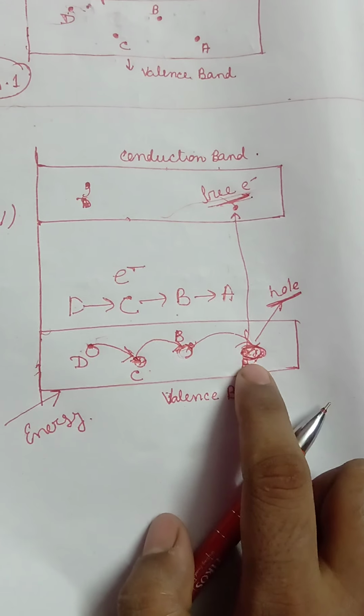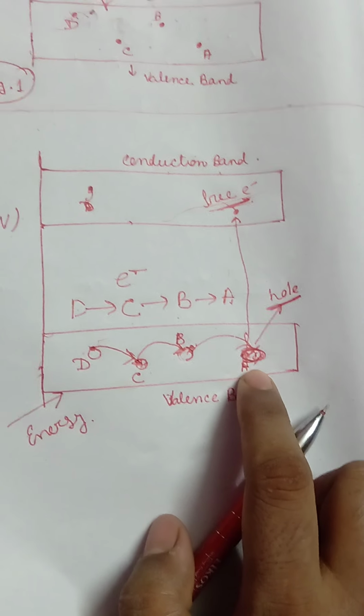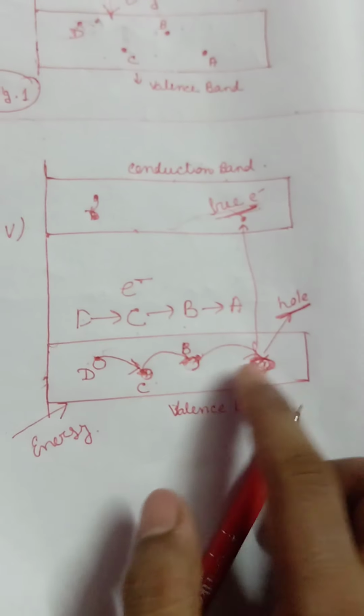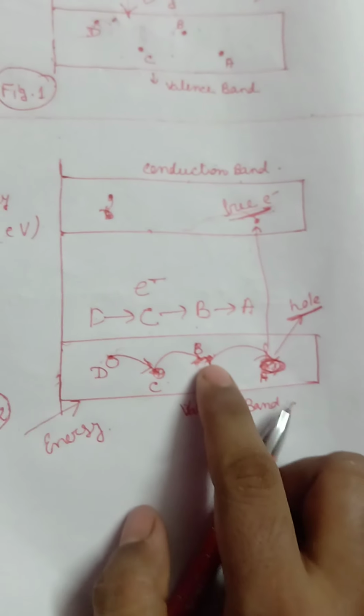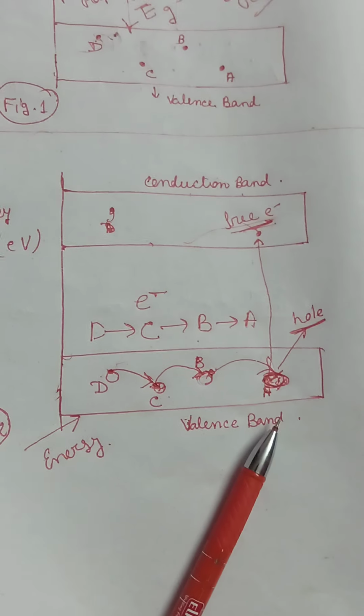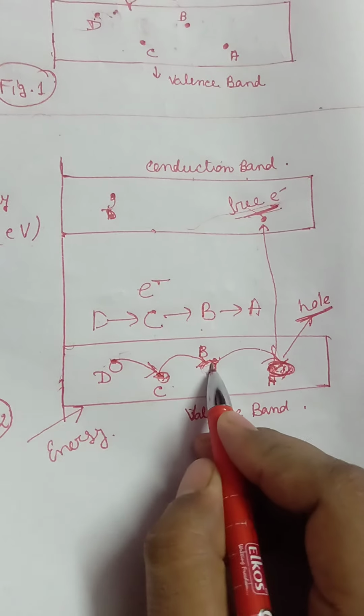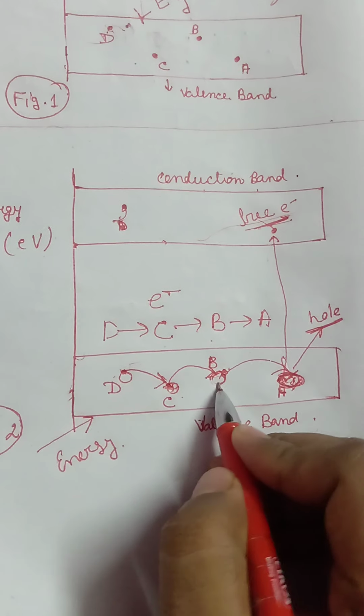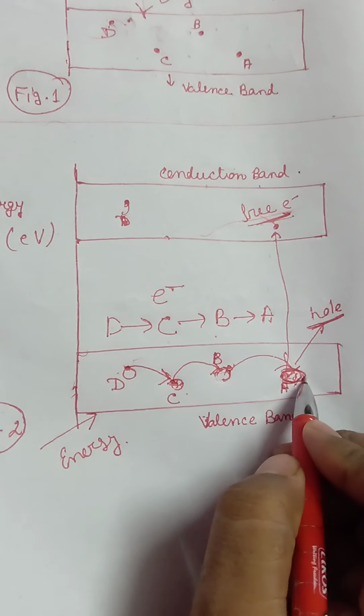Now when this vacancy is created, what will happen next? In the next case, a valence electron from the nearest covalent bond will break and it will come to the position A.